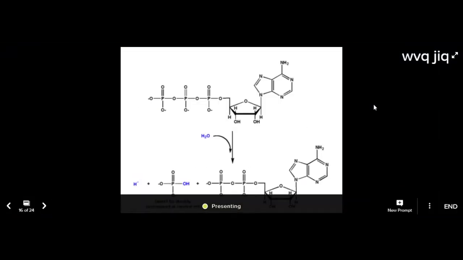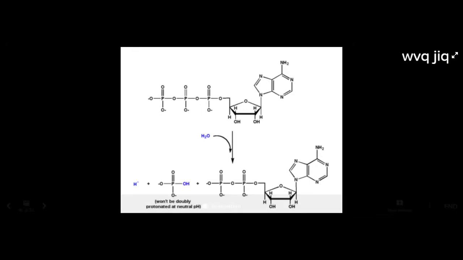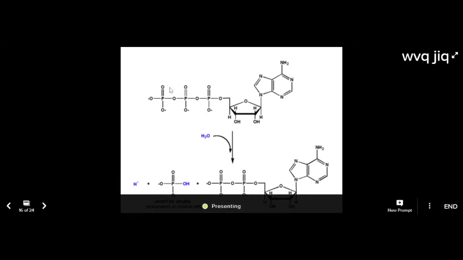Okay, so Sal Khan was already talking about hydrolysis of ATP. It takes water and it also takes an enzyme to get this terminal phosphate off. But it's kind of neat to see this because this tells you where the different parts of the water go, right?